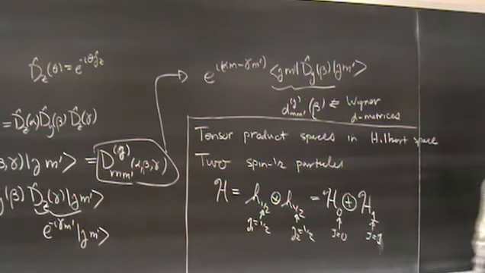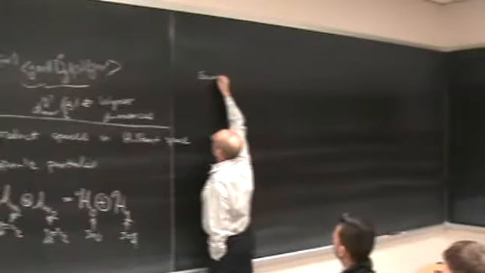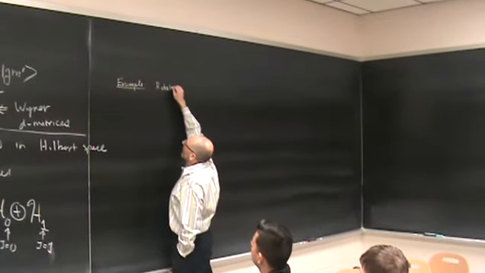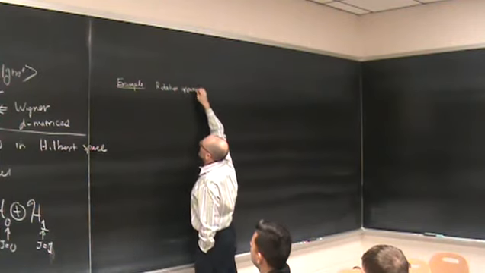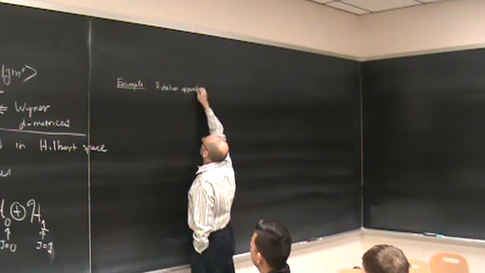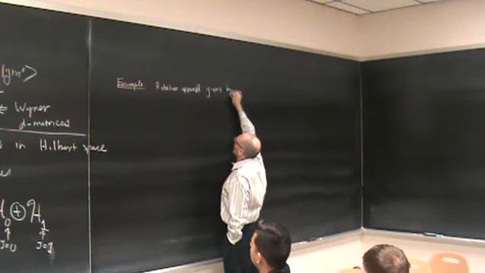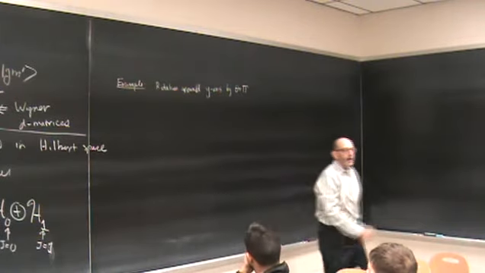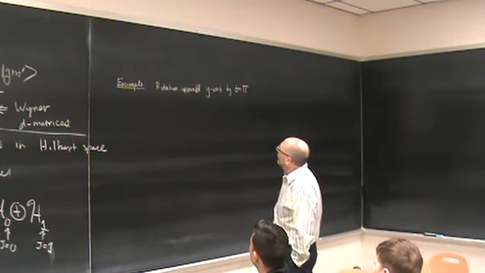So what we discussed at the end of the last lecture is we said, let us consider an example where we had, say, a rotation around the y-axis by pi.